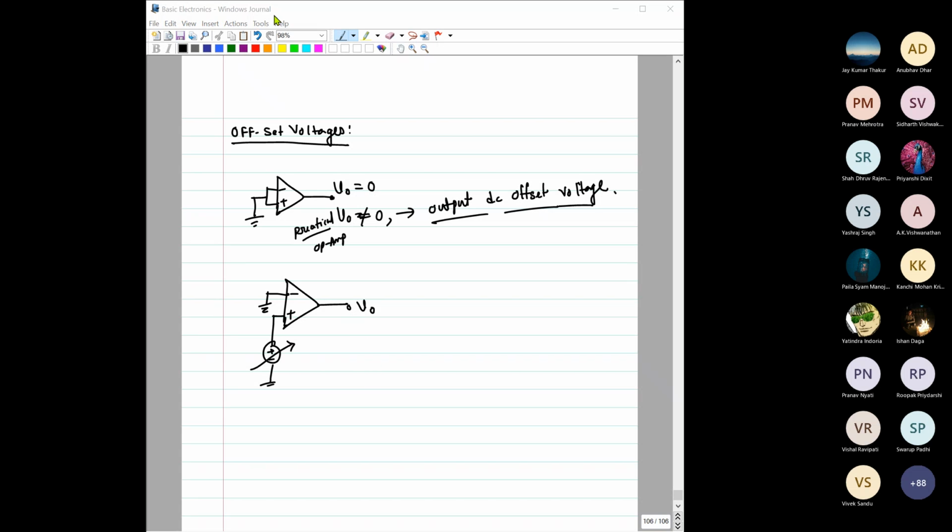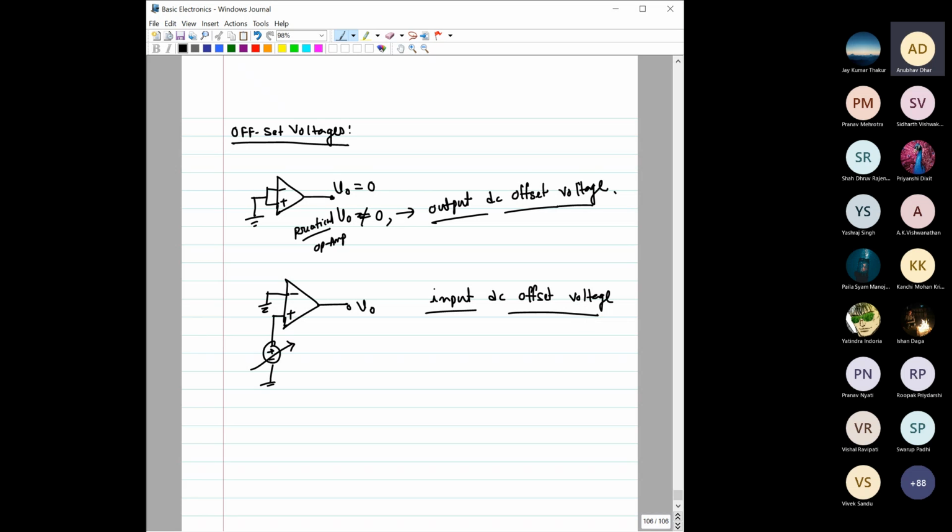You keep changing this voltage until the output voltage is equal to 0. This is called the input DC offset voltage. Okay, so only these two parts were left, I think.